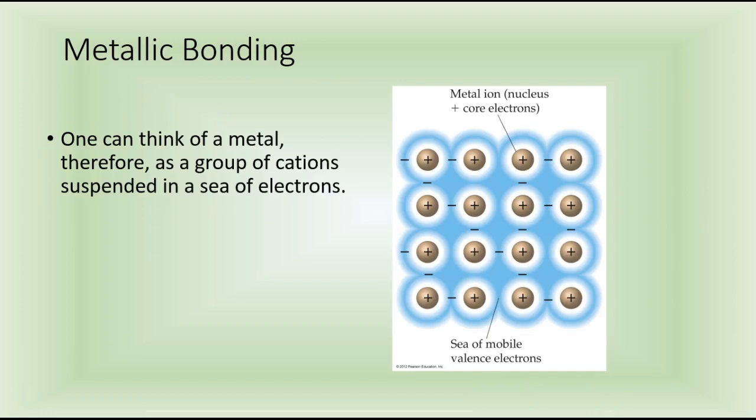Okay, so again, we describe metallic bonding as a group of cations. Our valence electrons are loosely held. So the cation of this metal atom is attracted to the electrons of the neighboring metallic cation, and vice versa. And again, the electrons are free to move throughout this structure.